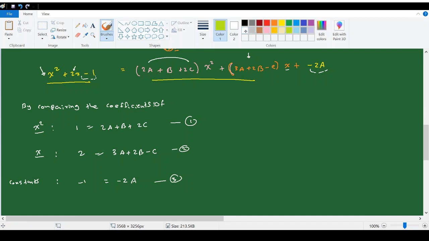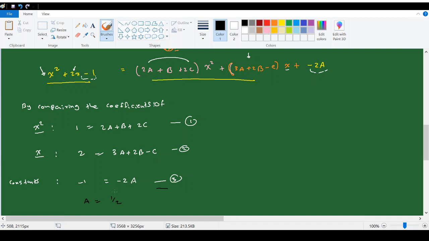Normally if you get a question like this, especially in exams, the simplification will not be that bad, okay? Now see, to simplify these 3 equations, we can start from the third one, right? So for the third equation, directly we can say a is equal to half.